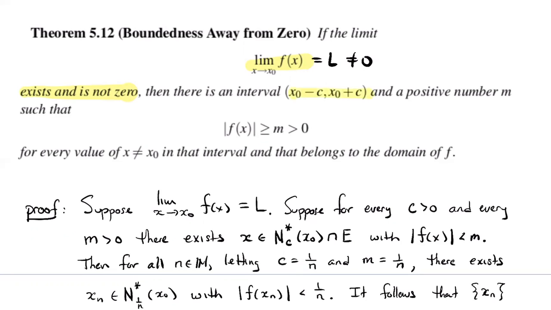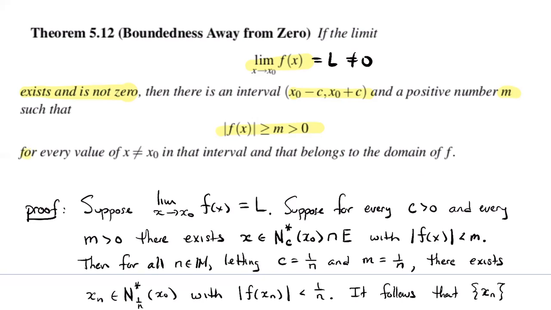Then there's some neighborhood around x naught, radius c, and some positive number little m, so that the absolute value of the function is greater than or equal to little m. The m is positive, so there's some neighborhood around x naught on which your function in absolute value is bounded away from 0, as they say.